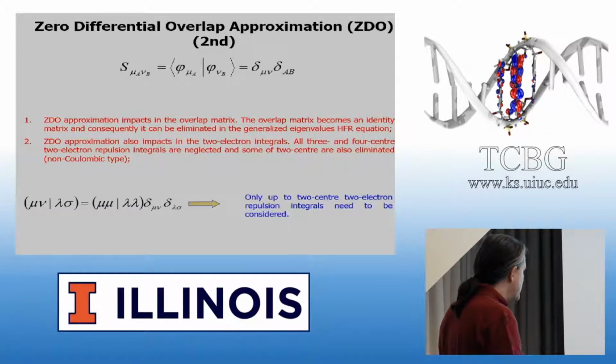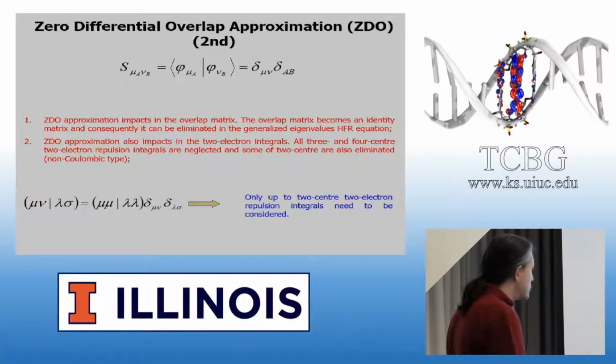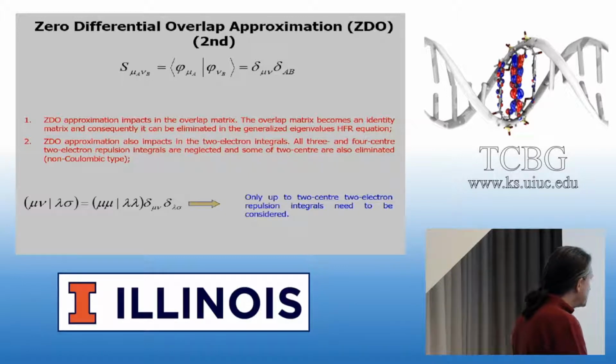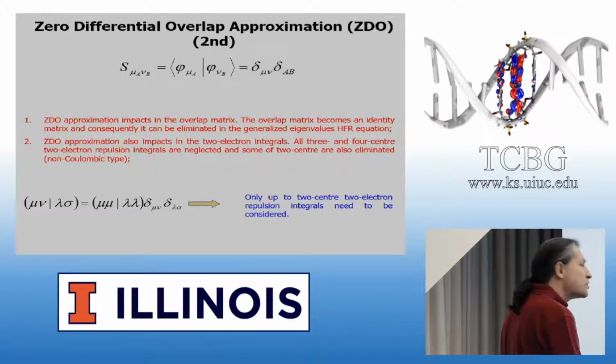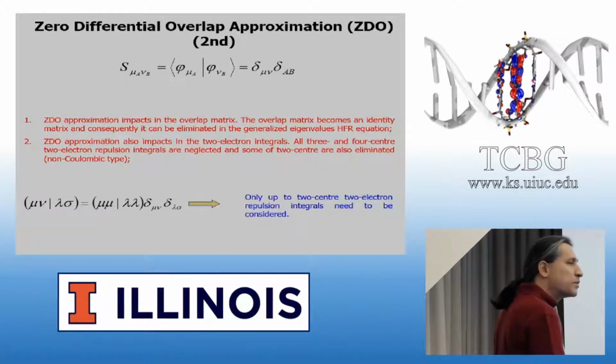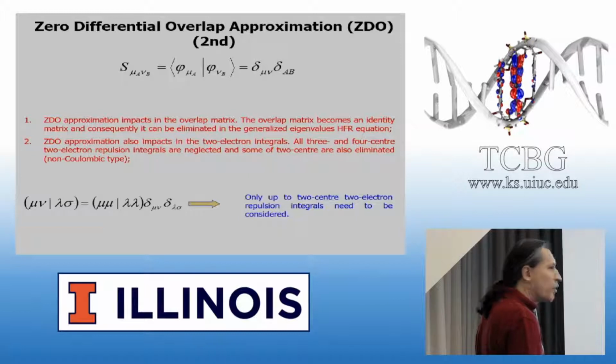One part is in the two electron repulsion integrals. Only up to two-center two-electron repulsion integrals need to be considered when you do these approximations in the semi-empirical theory.